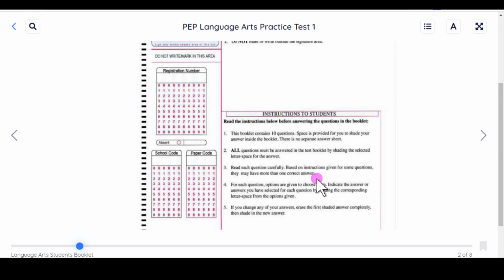You might be asked to select all the responses that are correct, and it might be more than one. Let's go with 4. For each question, options are given to choose from, and you need to indicate the answer or answers you have selected for each question by shading the corresponding letter space from the options given.